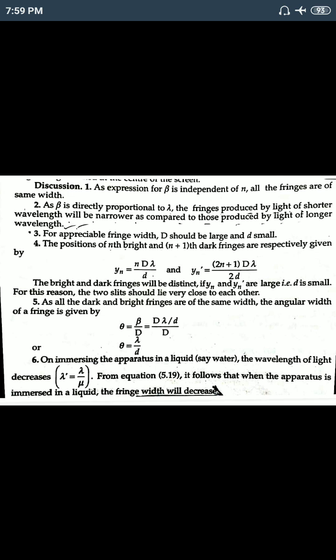So the wavelength of light decreases, and the fringe width reduces from its initial value. That means if a question comes, what happens if the total Young's double slit arrangement is immersed in a liquid, then the wavelength decreases, and since beta is directly proportional to lambda, the width of the dark fringe or bright fringe is also reduced from its initial value.